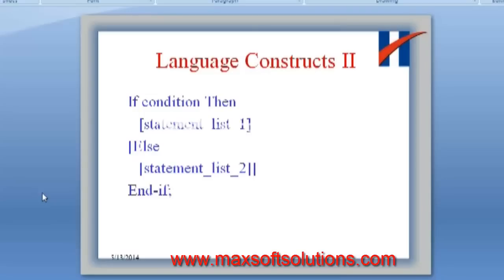Just for an example, if country equals USA, currency equals dollars, else currency equals this. That means a very simple statement: If condition, then executable statement, else executable statement. That means to identify the difference between the two conditions, we will use If.